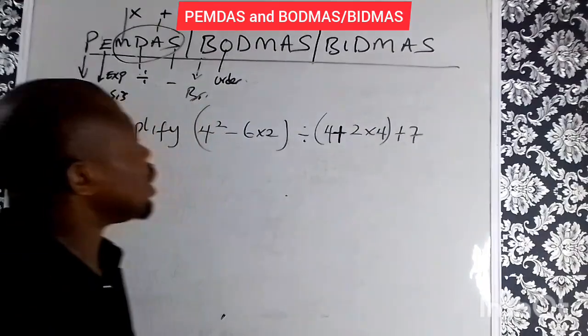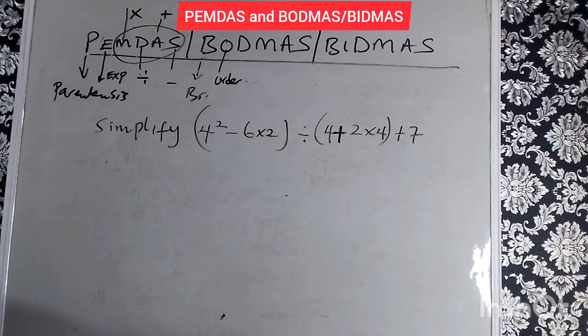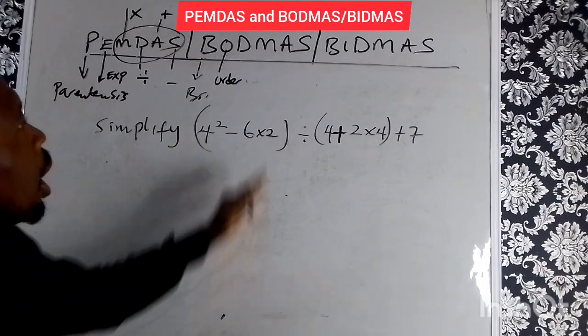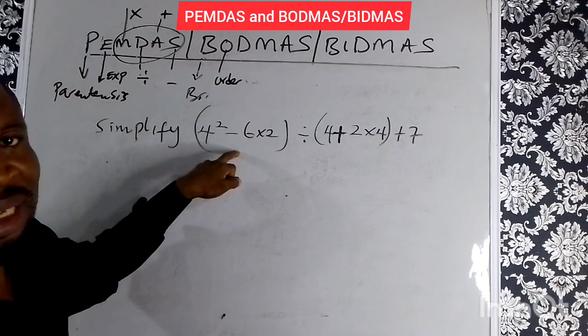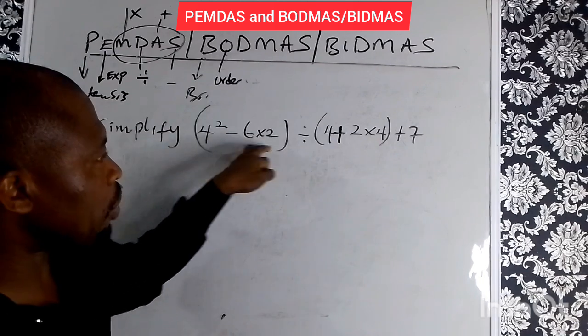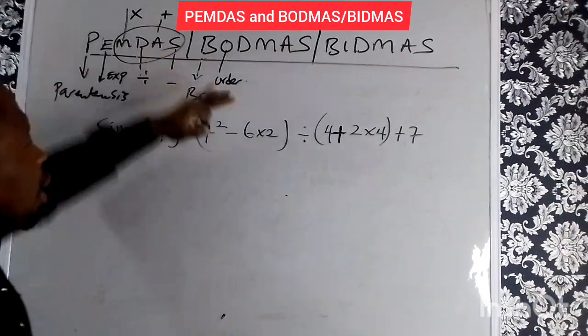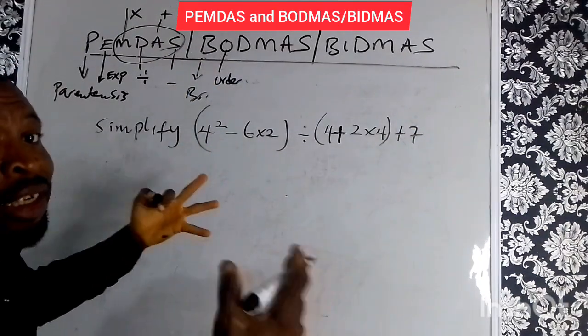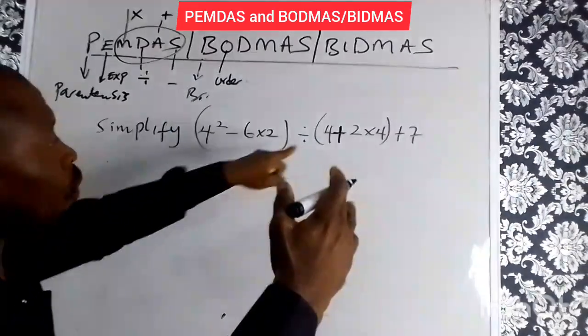As usual, BODMAS: deal with the ones in brackets first. This one's in brackets, this one's in brackets, and then this one is outside the bracket. We can pick any of the brackets, or we can carry the two brackets at the same time. But be mindful of how you're going to do your calculation.